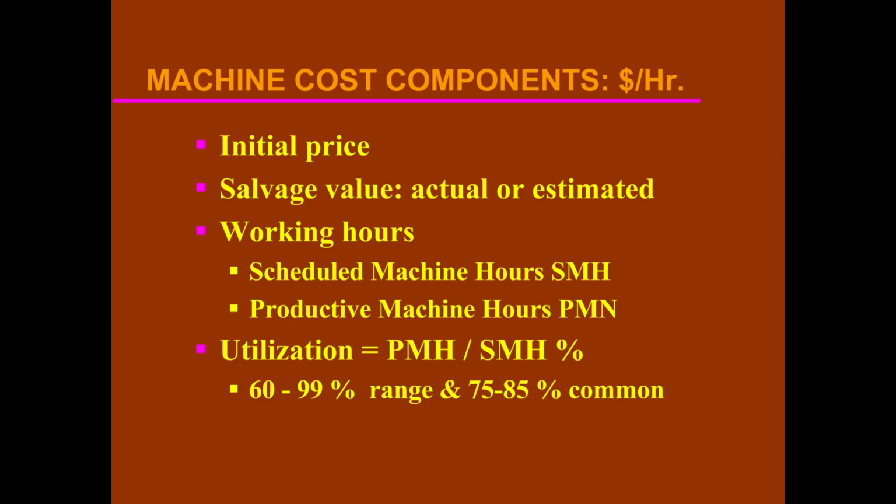We make a calculation of utilization, which is productive machine hours divided by scheduled machine hours, and that range is 60 to 99%, maybe. 99% is a brand new machine that's really effective and is a proven machine, etc., or one that's broke in and just doing right. 60% utilization, you almost can't make it at that. And the 75 to 85 is a common figure because of the downtime that we saw earlier.